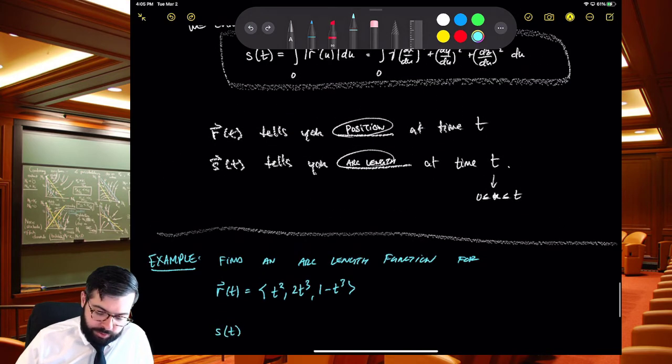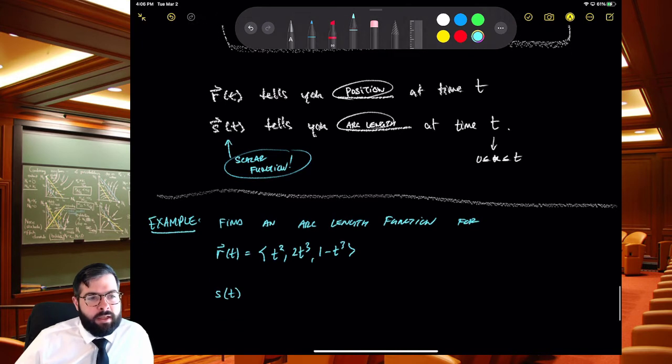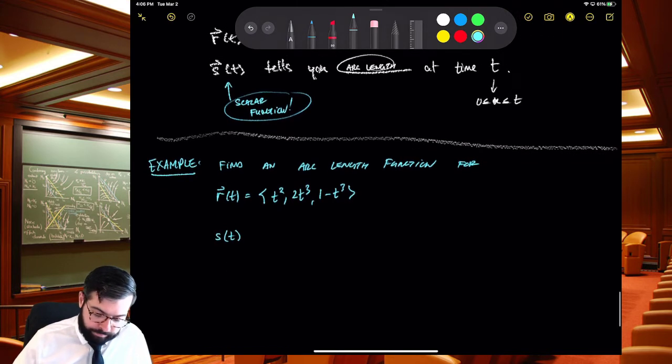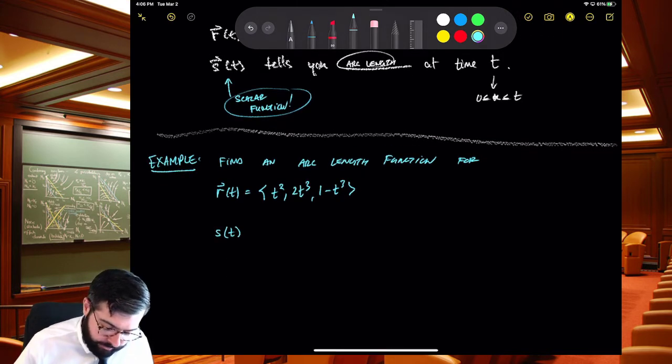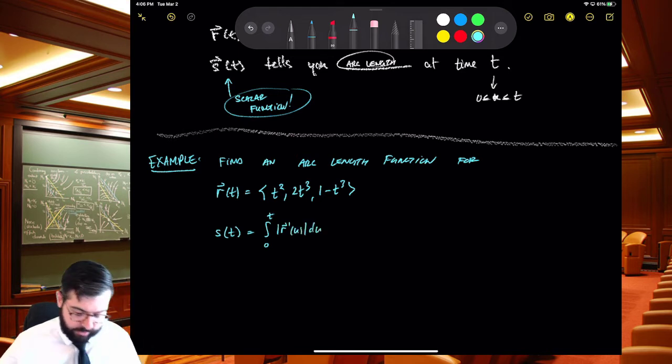So we should make this note that this is a scalar function or a real valued function. And again, it's just important to know the difference. So yeah, s of t is a scalar function. It's the integral from 0 to t of the magnitude of r prime.